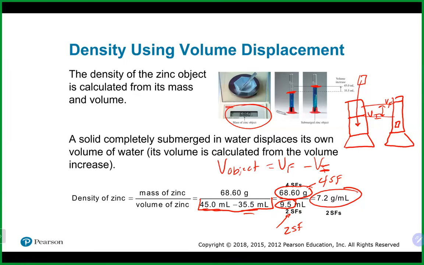When you do have a density given to you, you could think of it like a conversion factor. And what that would mean is, in this particular case, there's 7.2 grams per 1 milliliter. And we could use it in that form if we want to do a little dimensional analysis calculation. We could also flip it around if we needed to divide by it and get 1 milliliter is 7.2 grams.